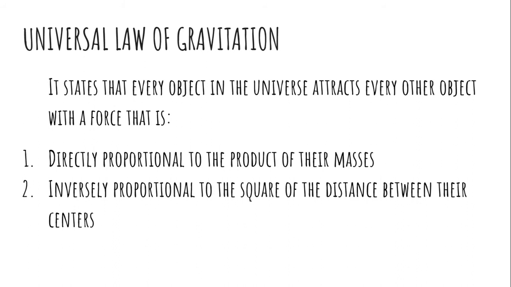This law states that every object in the universe attracts every other object in the universe with a force that is both directly proportional to the product of their masses and inversely proportional to the square of the distance between their centers.